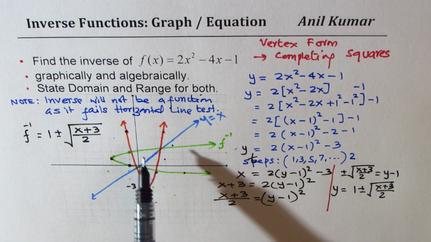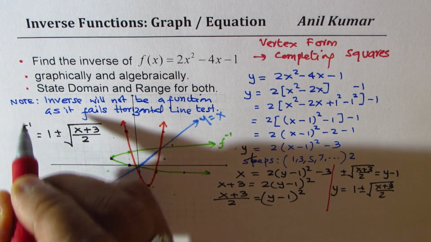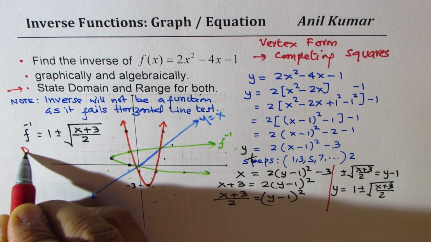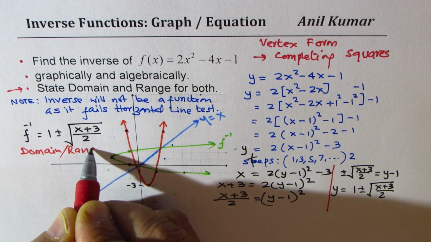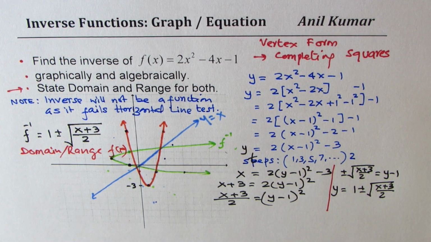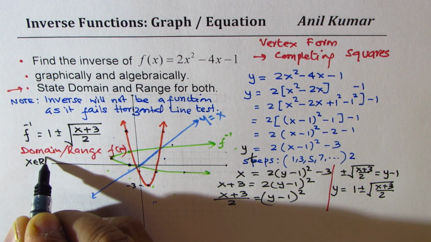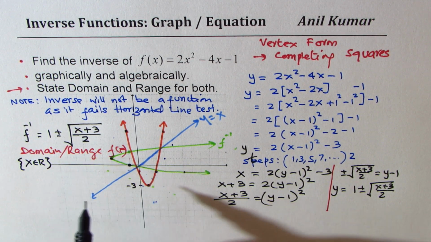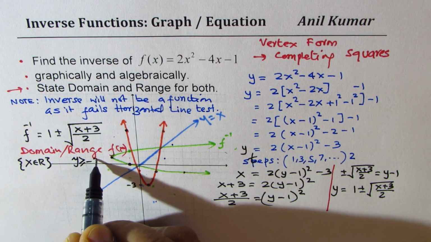Now let's write down the domain and range for both the function and its inverse. That is this part. For f of x. Okay. So for domain, we know x belongs to real numbers. As far as the range is concerned, we know y is greater than or equal to minus 3, right?